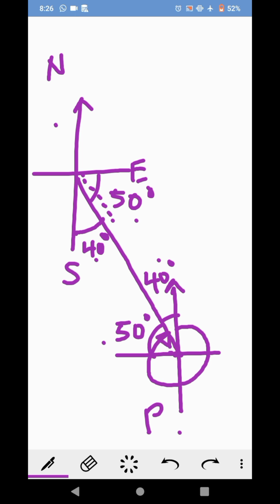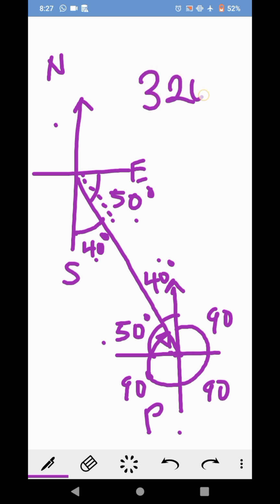And that will give us 180 plus 90 is 270, plus 50. That will give us 320 degrees. So it is said that N is on the bearing of 320 degrees from P.